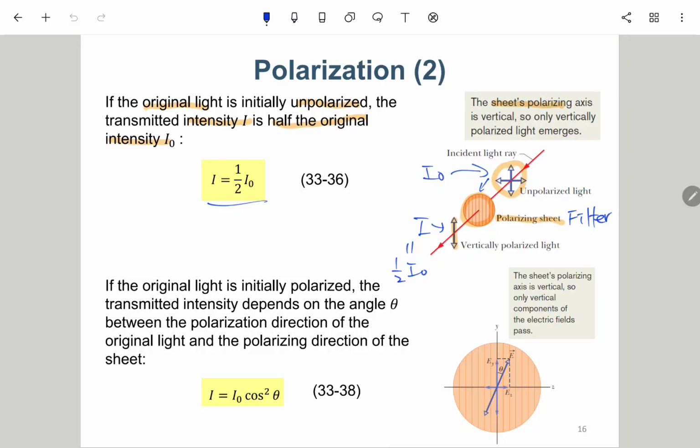And here, if the original light is initially polarized, the transmitted intensity depends on the angle theta between the polarized direction and the polarizing filter.